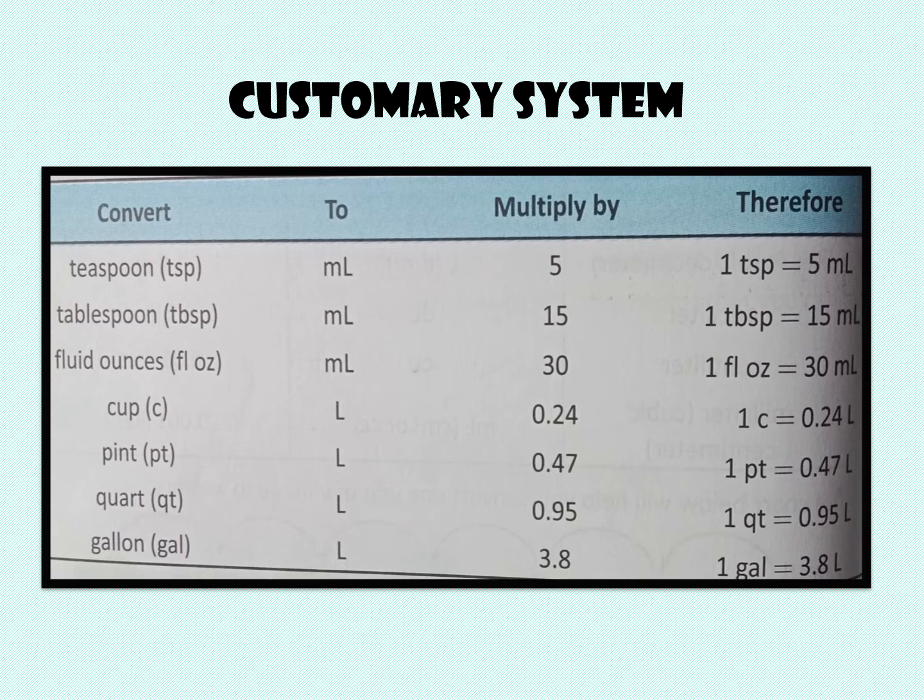Then, 1 gallon is equal to 3.8 liters. So, i-multiply lang natin siya sa mga nandiyan para ma-convert natin yung mga given na units natin. So, for better understanding, let's have an example.